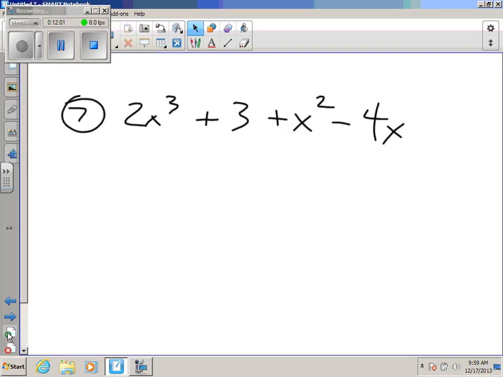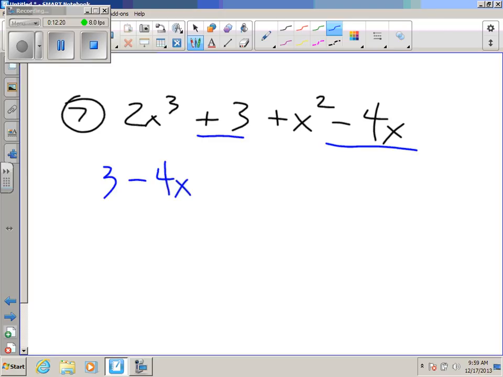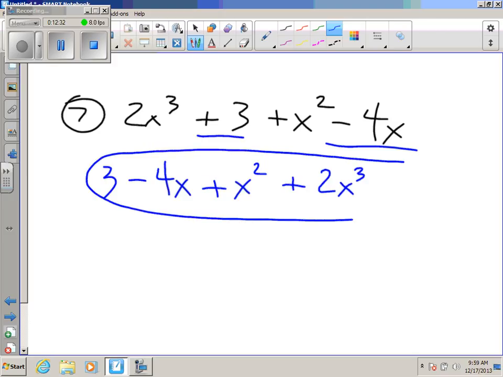So which one has the smallest power of x, Marlia? 3. And that's a positive 3, right? Followed by which one? Power of x. Kate. Negative 4x, because that is only a 1. Then Kate. X squared, because that's 2. And then finally, there it is. Remember that. And remember, it's only for x.